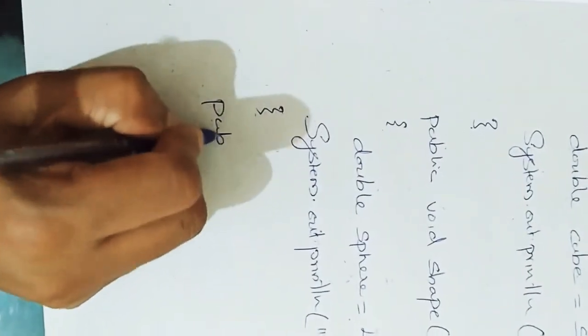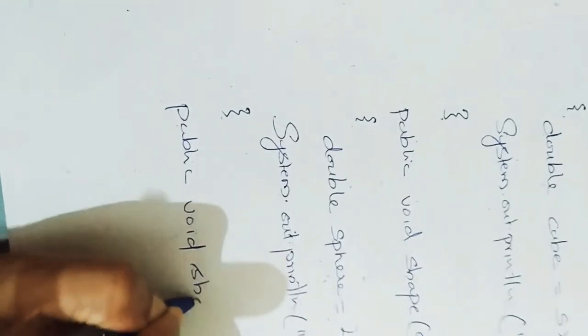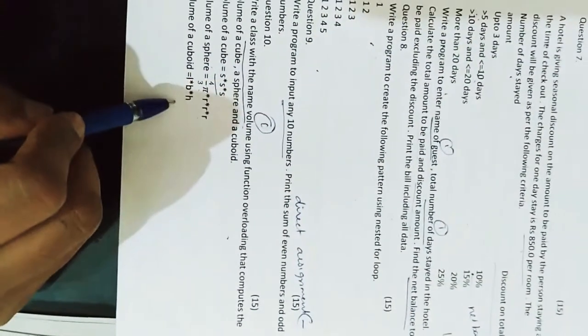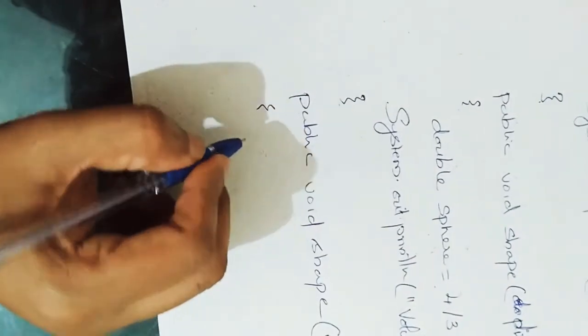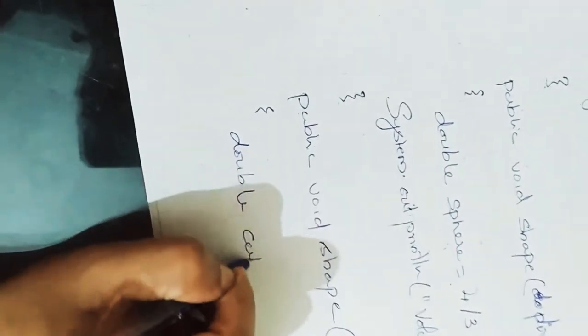Next, the third method for finding out the volume of a cuboid. Again the name will be the same, that is shape, and you need three variables L, B, H. So here what I am doing is int L comma int B comma int H, three variables. I will calculate double or int, it's up to you.